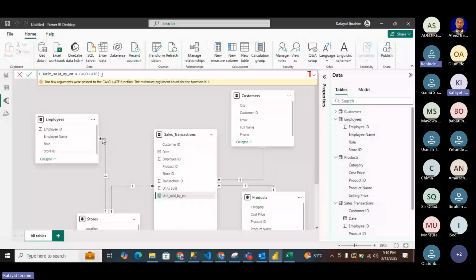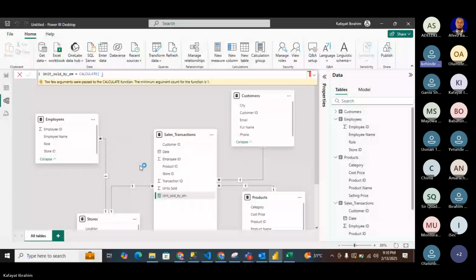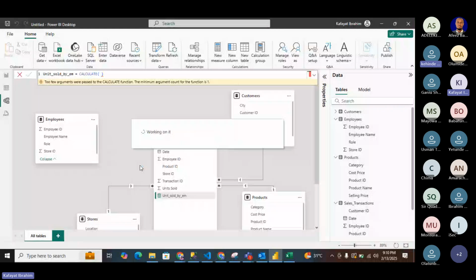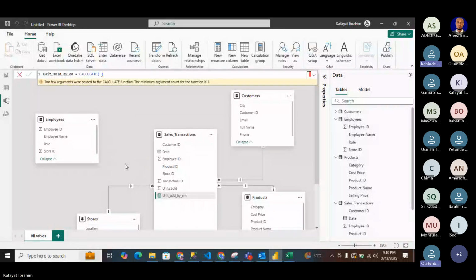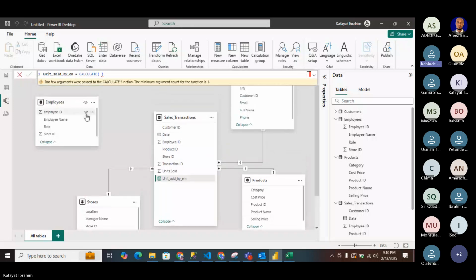Let me do the diagram. In this diagram, if employee was one to many to store, that's when this can work. If it's one to many, if there's a one connection in employee to many in stores, then that's when this can work.